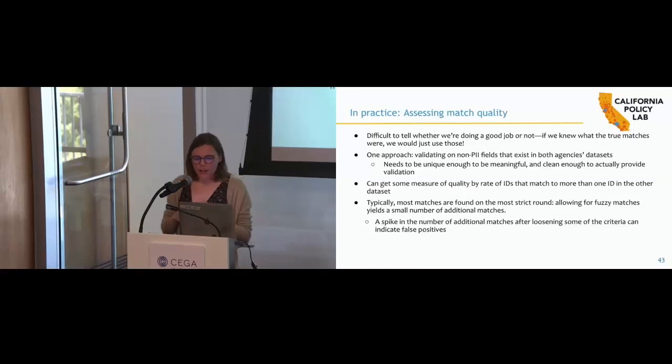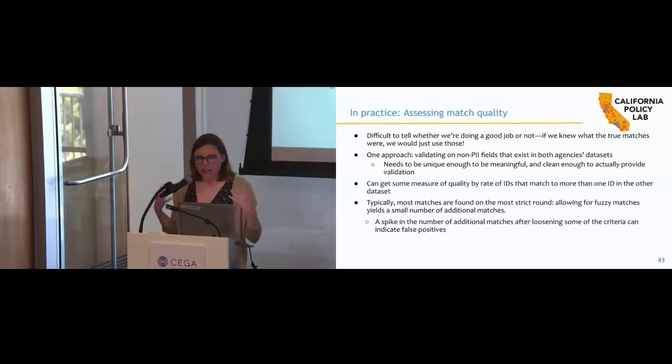And another thing that we've evaluated is just which rounds the matches tend to be found on. So in our experience, most of the matches will come from the first round, which is going to be the strictest round. And then as we loosen up criteria as we go along, we get some additional matches, but that marginal match rate goes down each time.